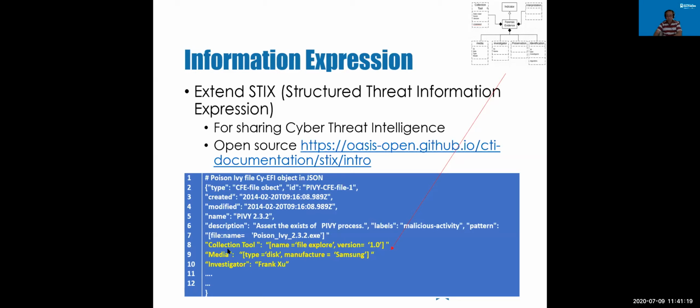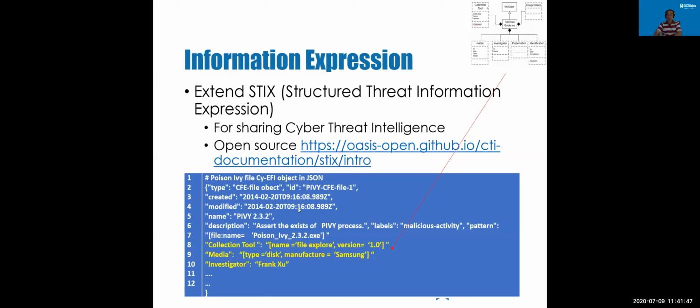The highlighted part here indicates the tools used. The tool is used for collecting evidence, and where the evidence is saved to. For example, this is saved in a disk, and the disk is manufactured by Samsung. And investigated means who conducted the investigation.